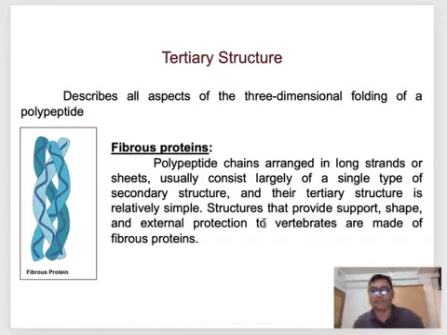So, what are fibrous proteins? Polypeptide chains arranged in long strands or sheets like this. They usually consist largely of a single type of secondary structure, and their tertiary structure is relatively simple.